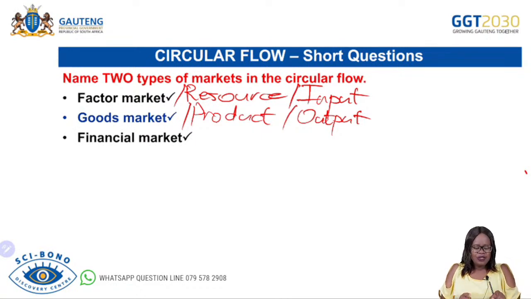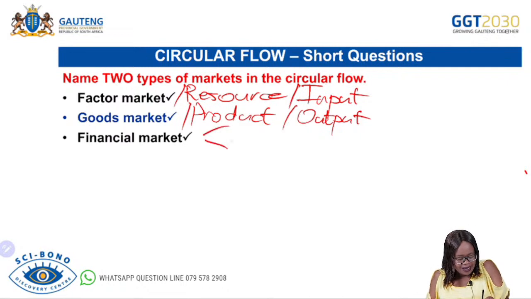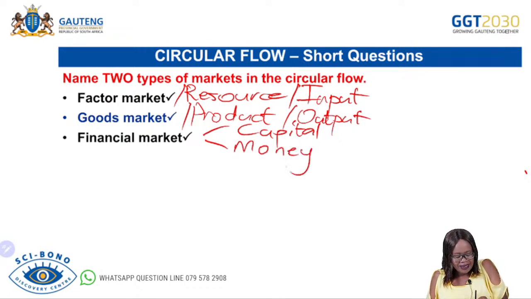Now, with regards to the financial market, good people, remember that we have two examples of financial markets. The first one is going to be what? A capital market, right? And then we also make reference to a money market.